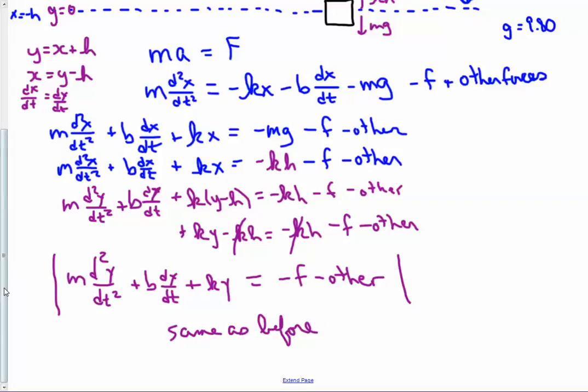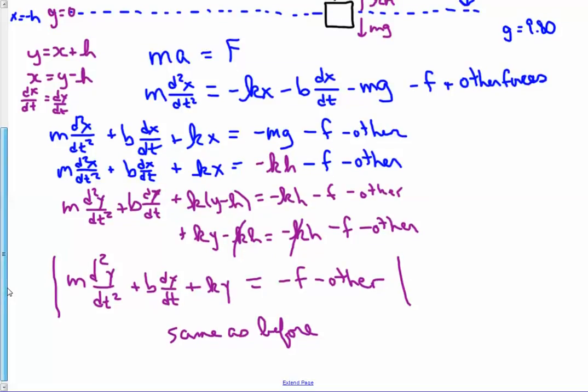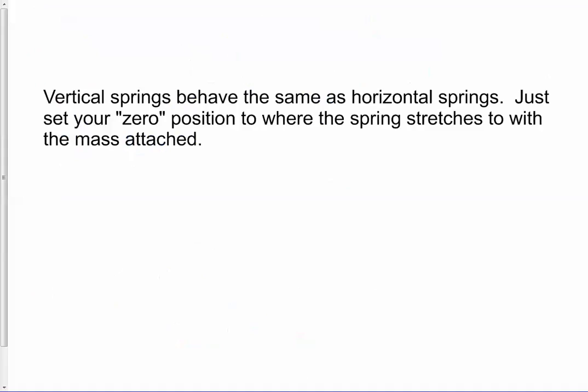This is good news. This means we don't have to reanalyze this vertical spring. It's all the same as when we analyzed the horizontal spring. And so we can summarize the lesson we just learned by saying vertical springs behave the same as horizontal springs.